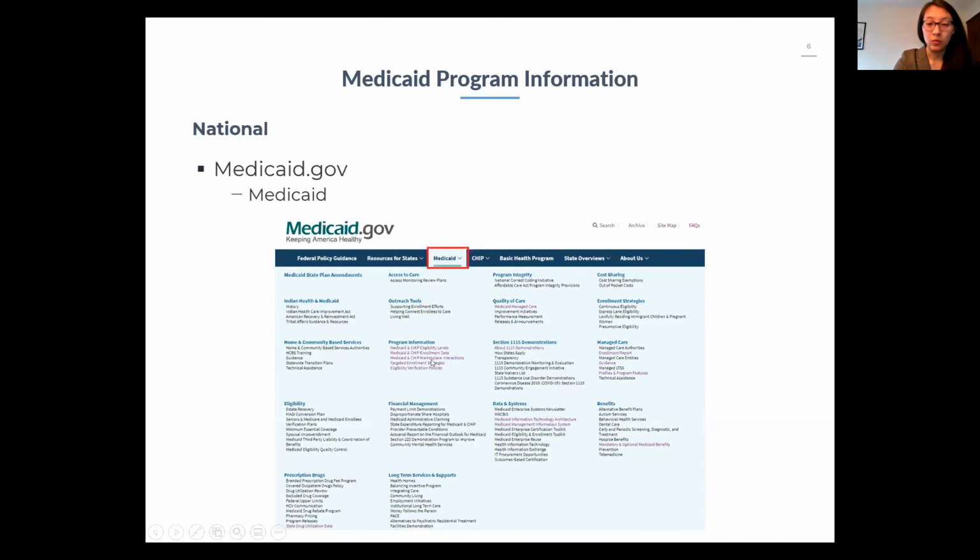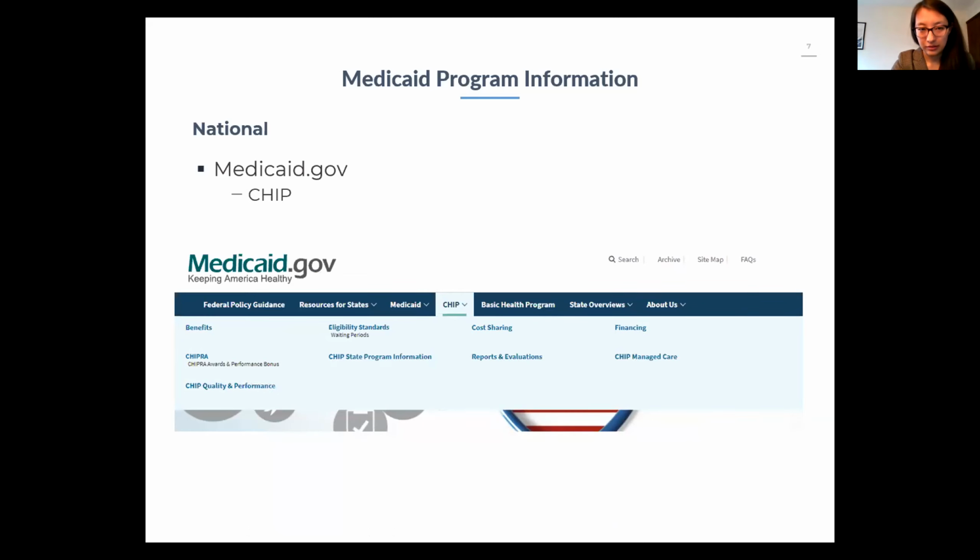You can also get enrollment data. So I think Steph mentioned earlier that there are other reports that get submitted to track federal financial participation, the Medicaid budget expenditure system. So there are MBES enrollment reports found under program information.